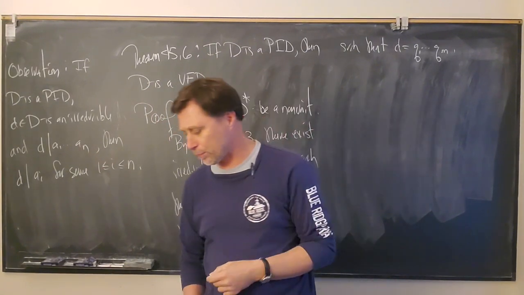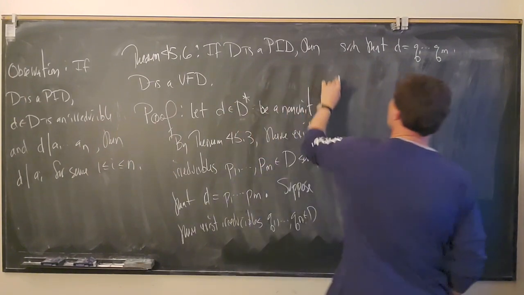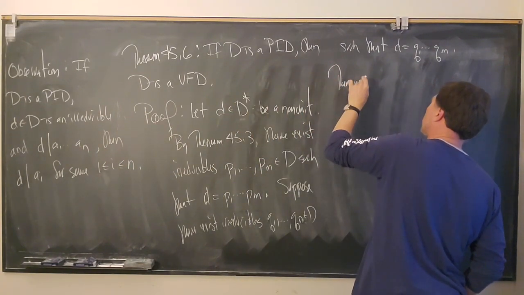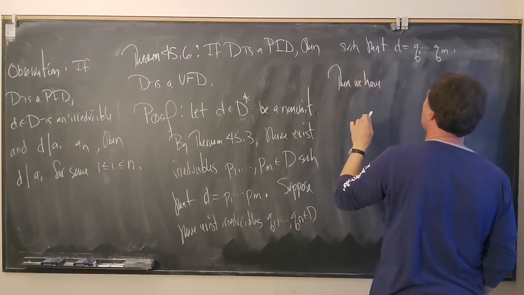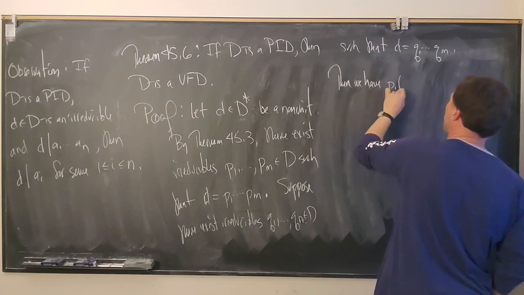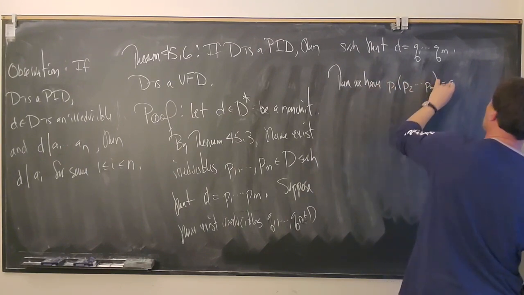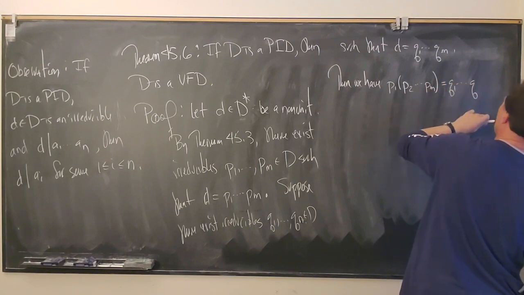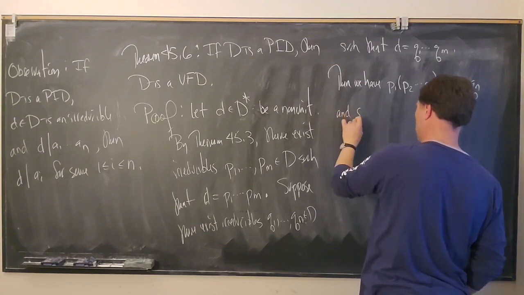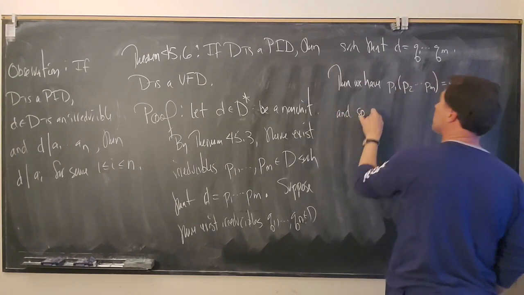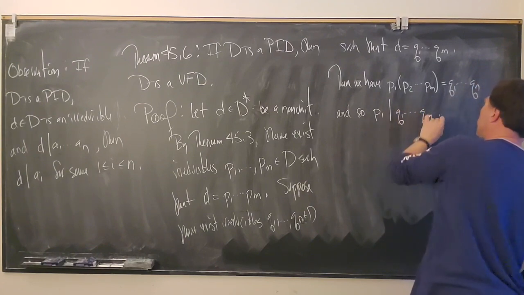In fact, it's essentially the same proof. So then we have P1 times the product P2 up through P sub m equal to Q1 up through Q sub n. And so what that tells us is that P1 divides the product Q1 through Qn.